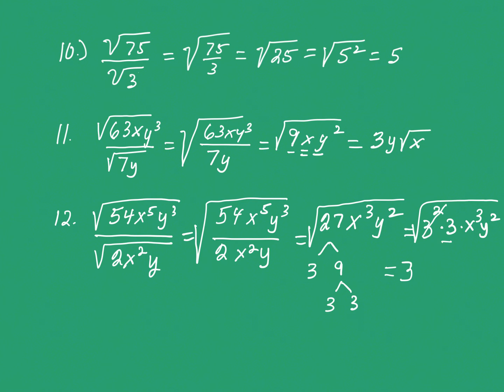This 3 stays in the radical. The square root of y squared is y. X to the 3rd power, we have x squared, so we can find the square root of x squared, but we have an x remaining. So that's going to be in the radical. So it's going to be 3xy times the square root of 3x.